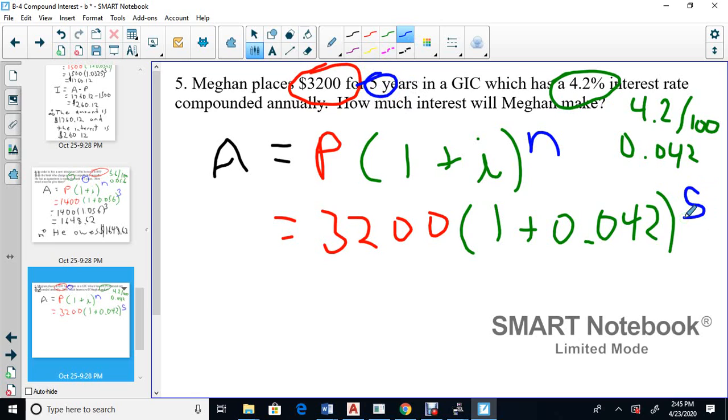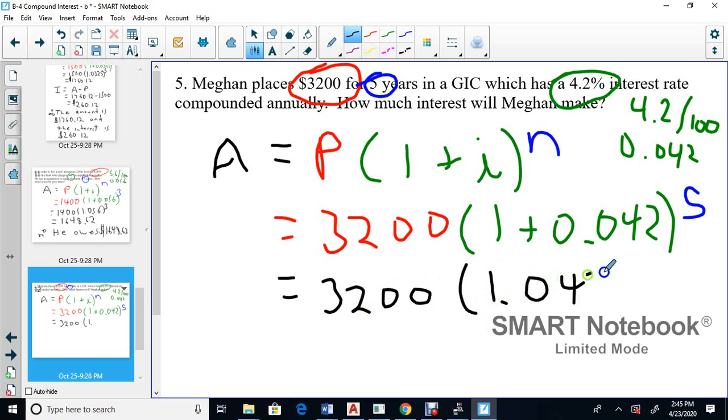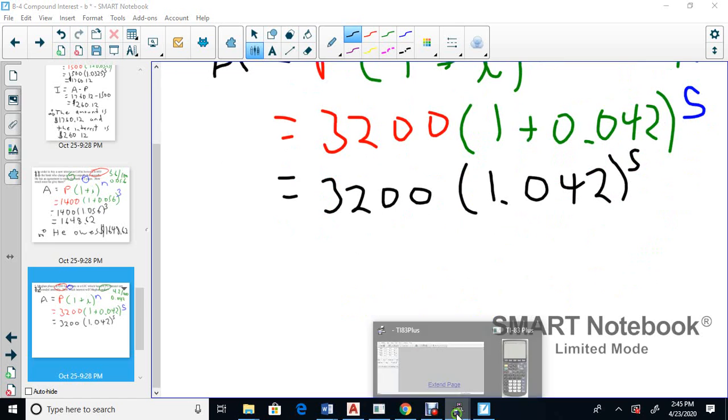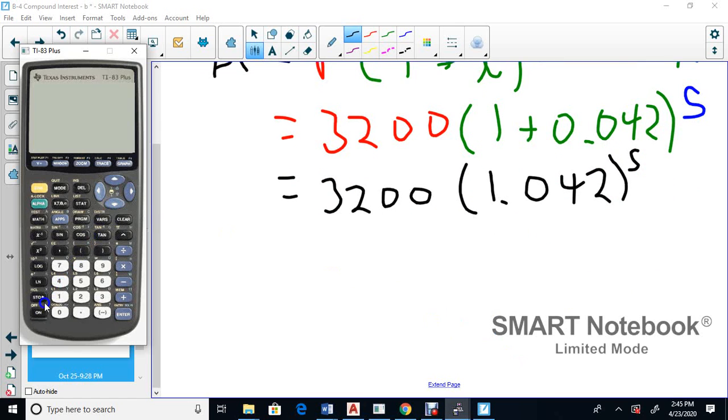Now let's add that extra step before we put it into the calculator. 3,200. 1.042 to the exponent 5. Okay, and now it's time to use the calculator to find our answer for the amount she'll have in the bank. Not the interest, just the amount.